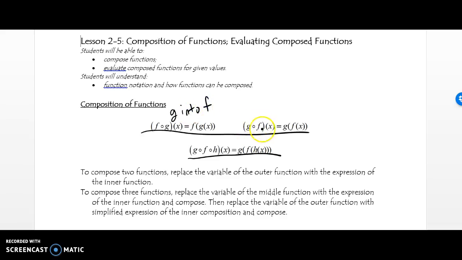And if we just change that order, and this is not commutative like multiplication because it's not multiplication, here we're putting f into g. And this composition can be done with a multiple number of functions. So this notation down here just shows how you could put 3 functions together.